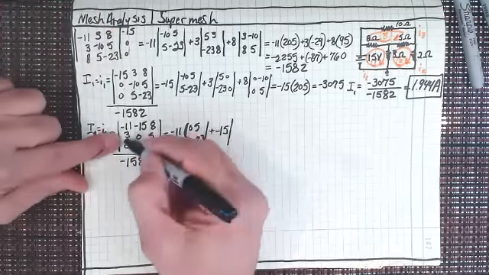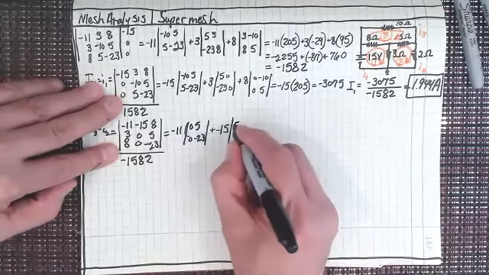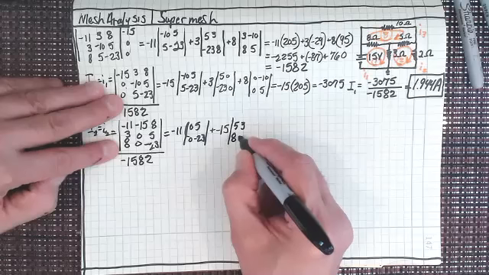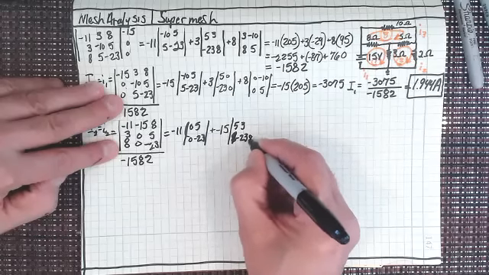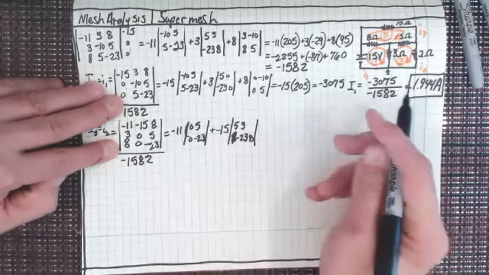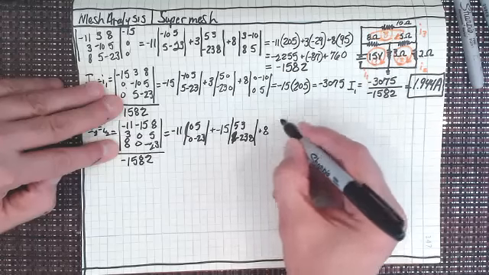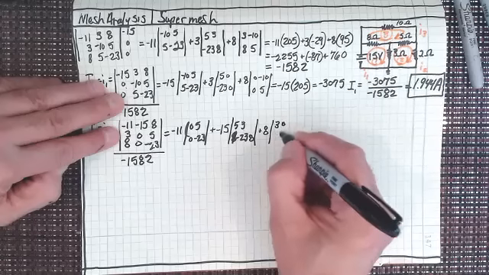Oh no, that's 8. What am I talking about? 5, 3, 8, or 5, 3, minus 23, 8. That's what our thing's going to be. And then let's do the last one. So plus 8, and then that's going to be 3, 0, 8, 0.